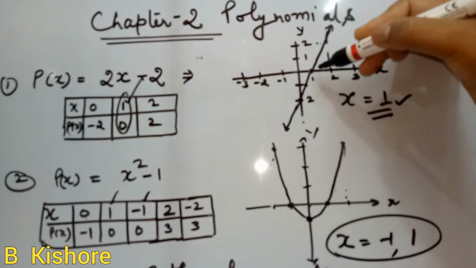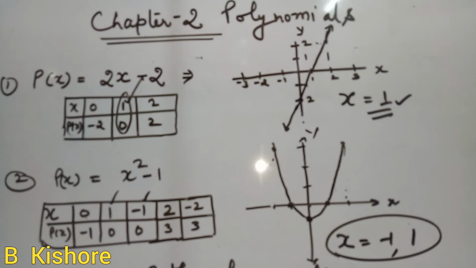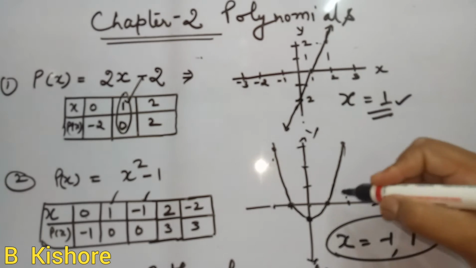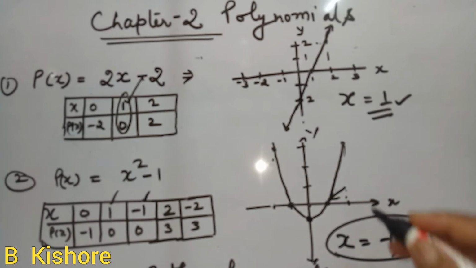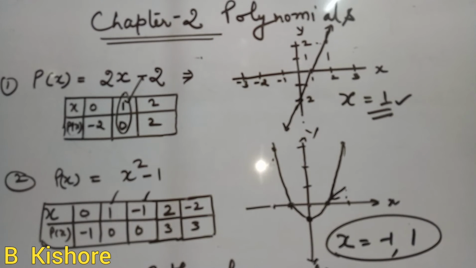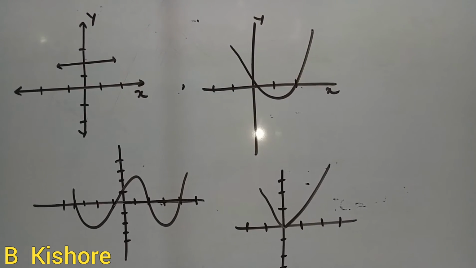In this graph it touches only at 1 point, and this point is the zero of the polynomial, a point on the x-axis only. Okay, which is also called abscissa. So if you are given a graph of a polynomial, you can say how many zeros it has, or where the zeros are present.